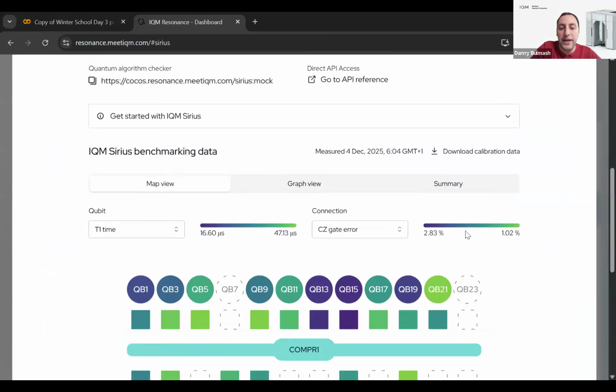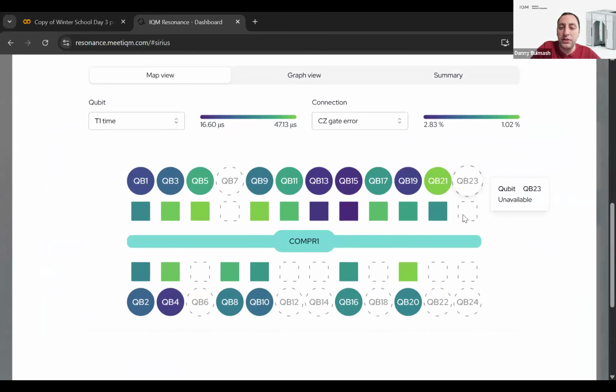Click into Sirius, and then any of these qubits with the little dashed lines, you can't use those numbers. You have to use the numbers that are colored in. So it's still a 16-qubit quantum computer, but the numbers are a little bit funny for which qubits are actually running on Sirius. So make sure that you use some of the colored in ones.